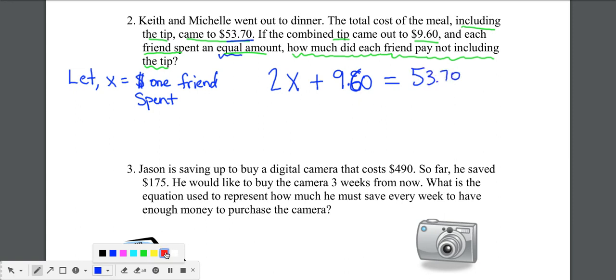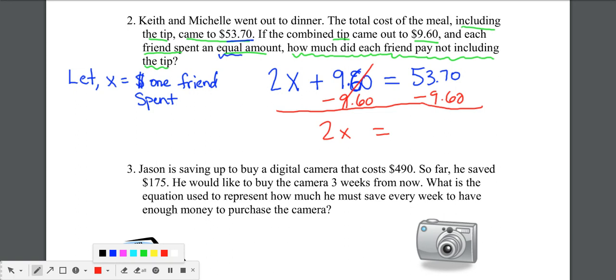So we write that on the other side, and this one is just solving an equation. So we start undoing stuff, and we're going to minus $9.60 here, minus $9.60 here, because that said the total 53.70 actually included the tip. So we're going to subtract that and take it away. And how much does each friend actually spend? Well, you would have to do this little subtraction right here.